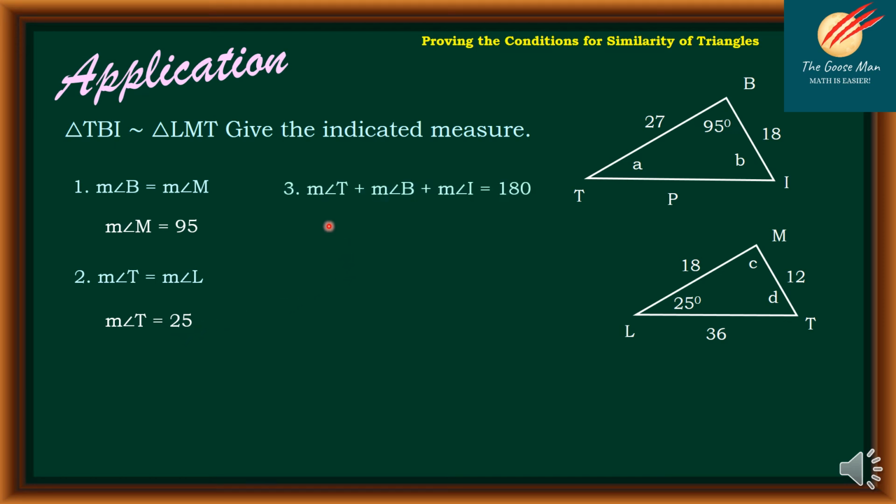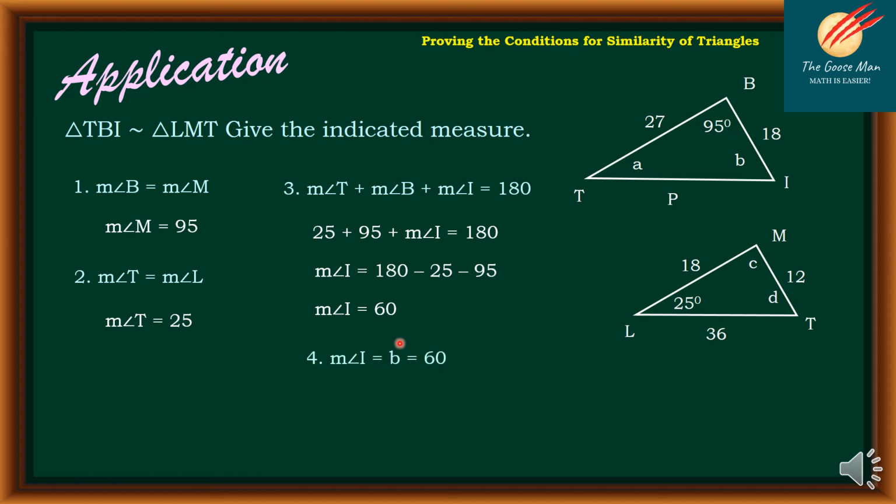Next, take note that the measure of angle T plus the measure of angle B plus the measure of angle I is equal to 180 degrees because the sum of the interior angles of a triangle is equal to 180 degrees. So we can simply substitute: the measure of angle T is 25, the measure of angle B is 95, and we want to find out the measure of angle I. Simplifying it further, we deduct 25 and 95 from both sides of the equation, so the measure of angle I is equal to 60 degrees.